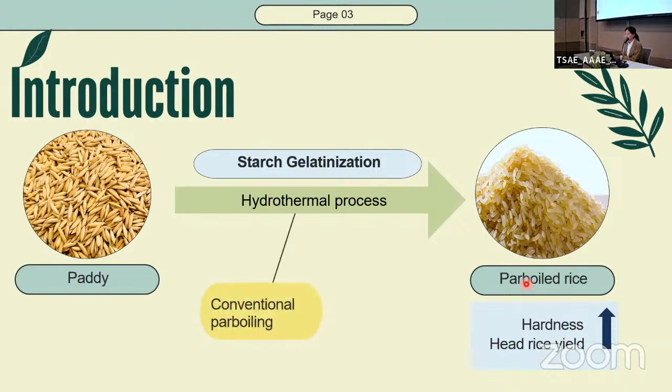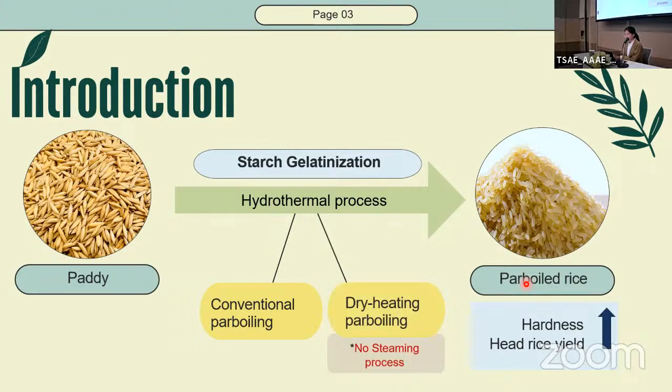So the process of producing parboiled rice as a functional property consists of three steps. The first one is soaking to increase the moisture and then steaming to apply heat to the starch gelatinization. And the last step is drying to reduce the moisture for safe storage.